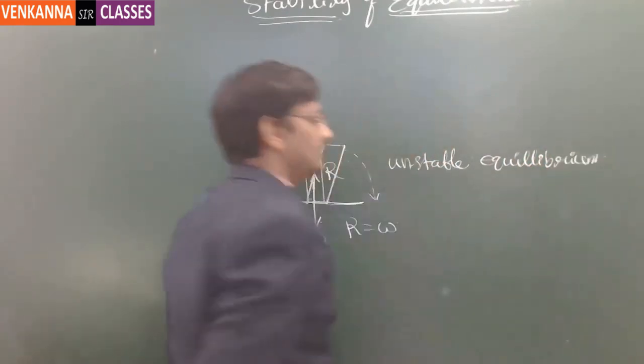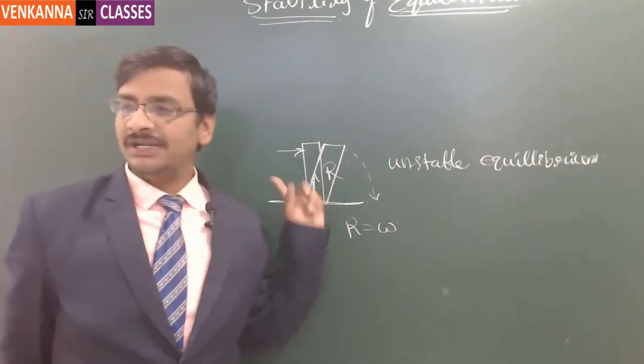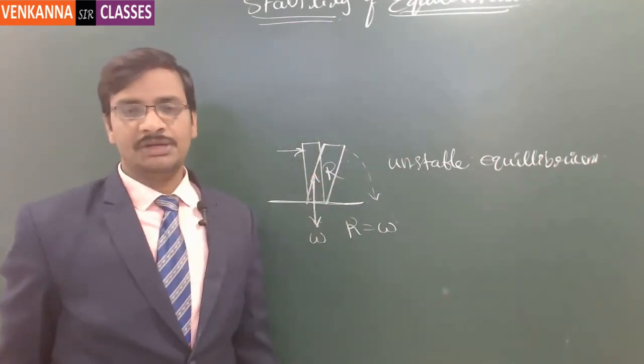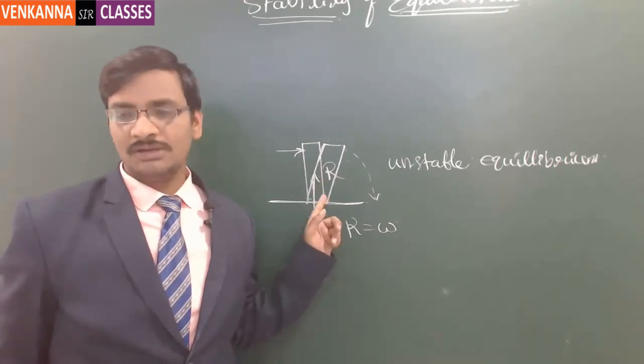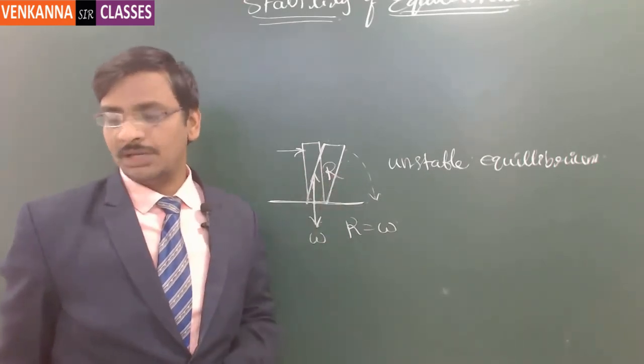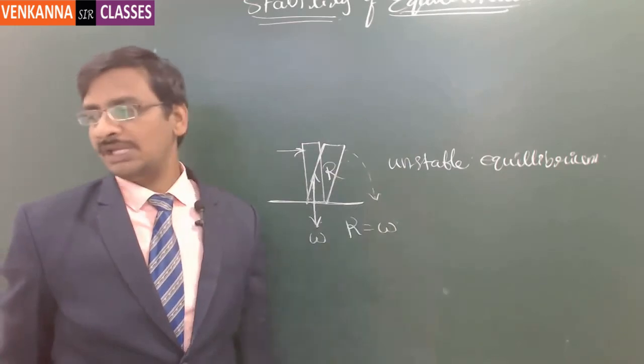Unstable equilibrium. Here initially the system is under equilibrium condition, but if you give it a little displacement, it becomes unstable equilibrium. That means it will fall down; it will go out of equilibrium condition.